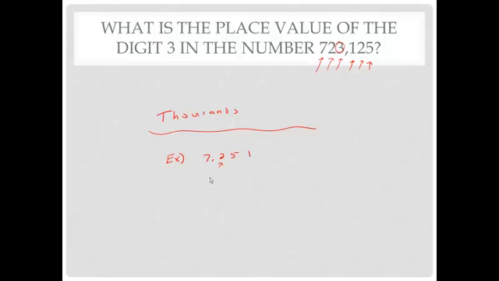You start counting with your tenths, and then your hundredths, and then your thousandths, and so on. So you don't start with the ones place on the right of the decimal, you start with your tenths, hundredths, thousandths, and so on. Okay?